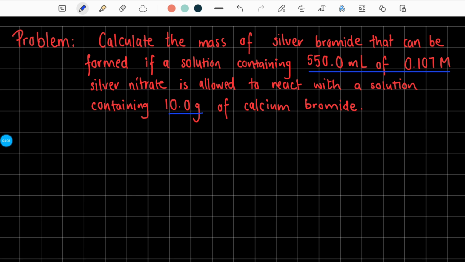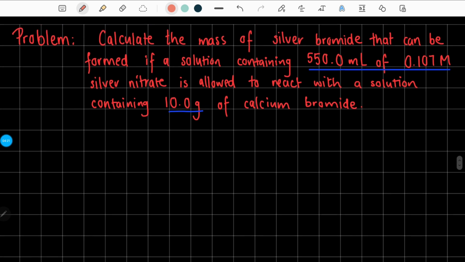So what you need to do is to decipher which one is limiting and which one is in excess, and then you can find the number of moles or then the mass of the unknown, aka your product silver bromide. So, your first step when solving any stoichiometric problem is to write a balanced reaction.